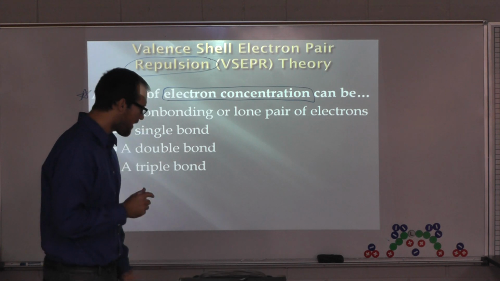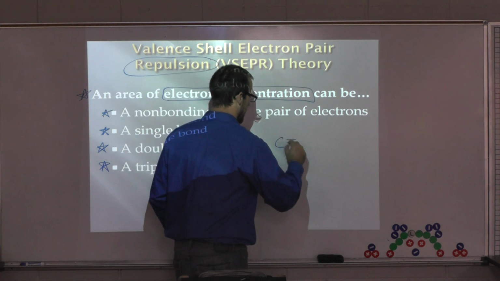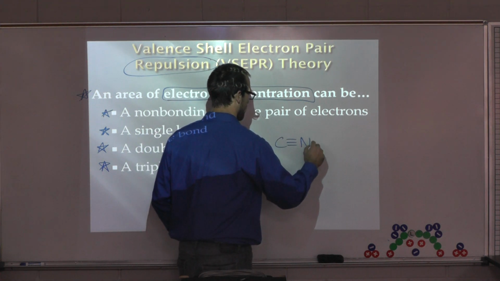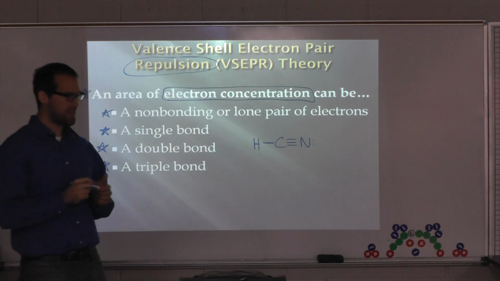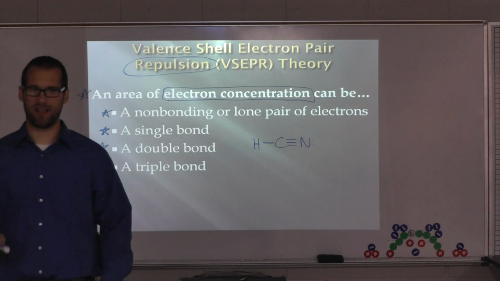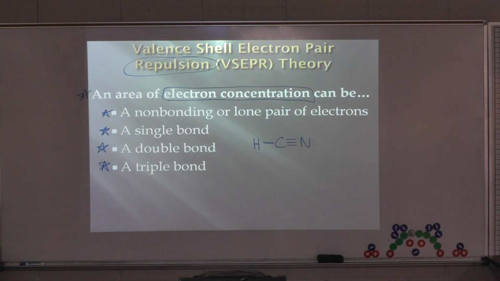So, let's do this guy. Based on those 4 things that are classified as regions, how many regions of electron concentration or electron density does this particular thing have?